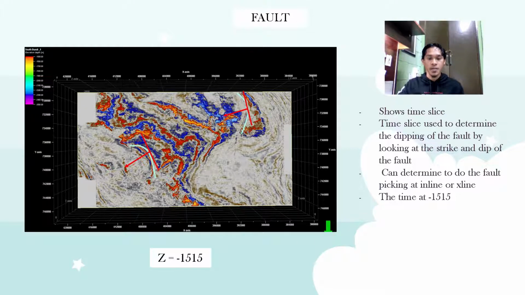As you can see on the slide, the dipping of the fault is close to the inline section. Then we decide to pick at the inline section because the fault will be more visible than when we pick at the X-line. This time slice is at z equal to negative 1550.